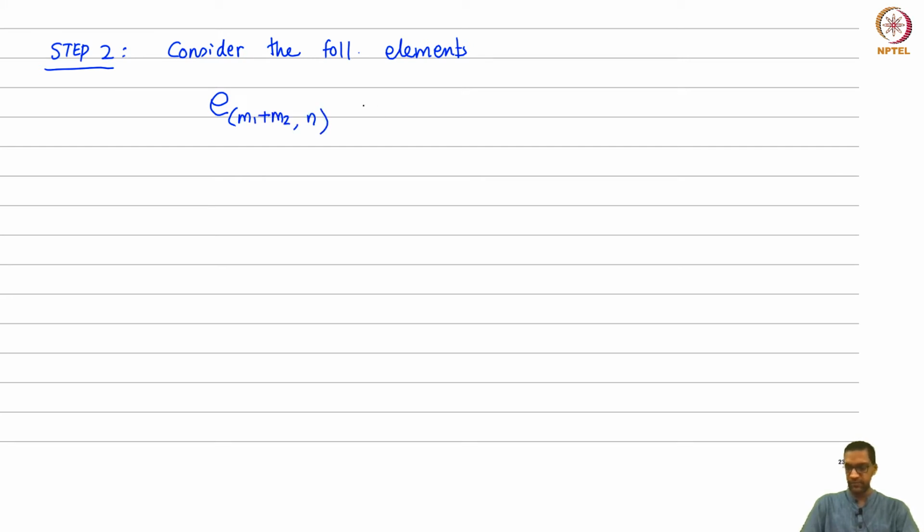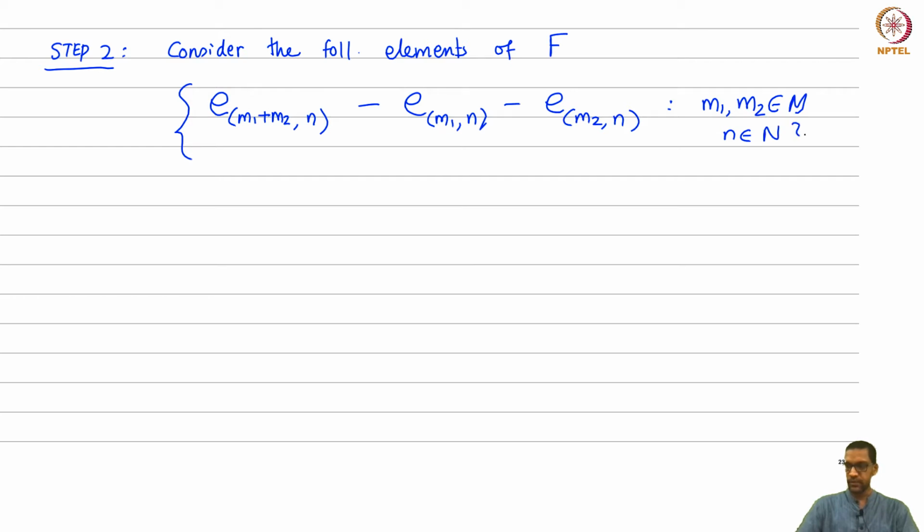This is an element of F. Now F is an abelian group, a Z module, so I can look at subtractions of such elements. So consider the following elements of F: take all these elements where m1, m2 come from M and n comes from N. Then take the union with the same sort of elements in the other component.